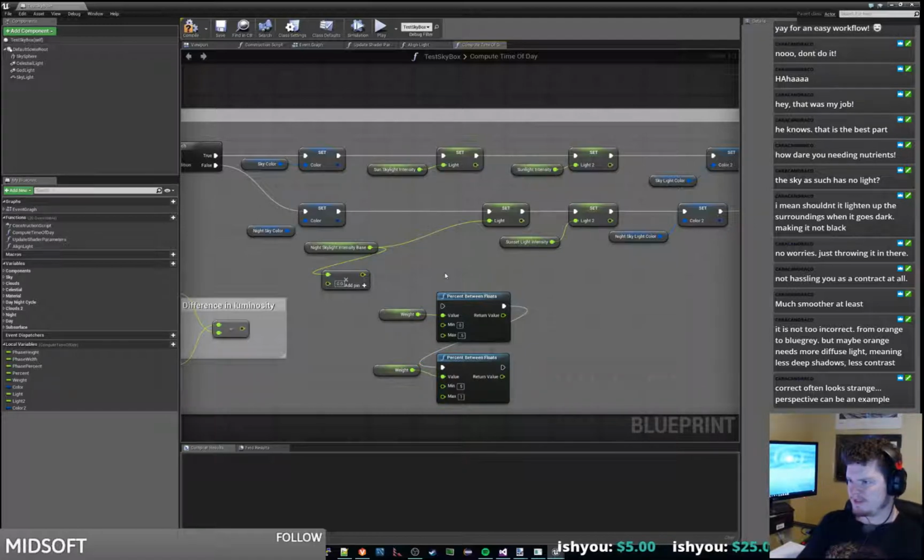So what is this going to be? It's basically going to be the night skyline intensity base. We're going to want to start this at 0 and have it go to itself, maybe?